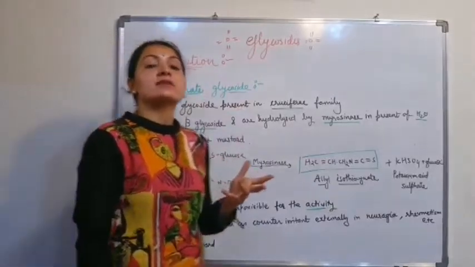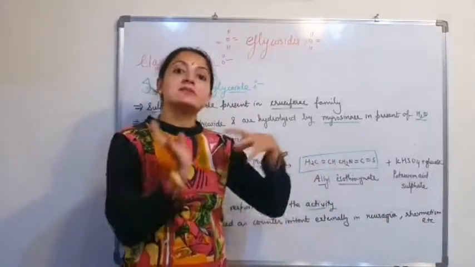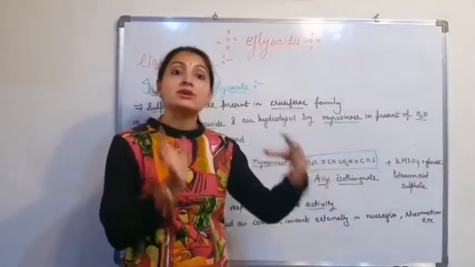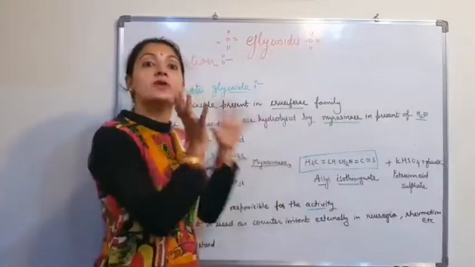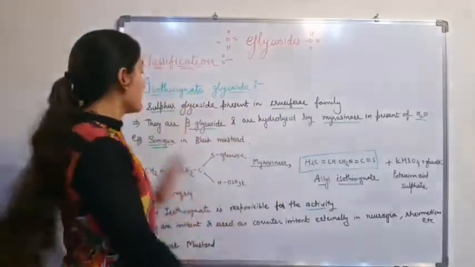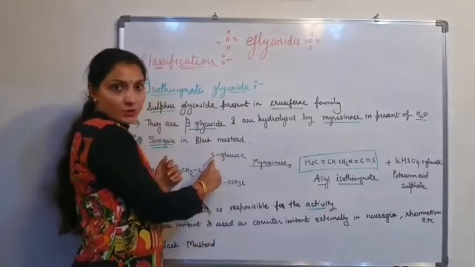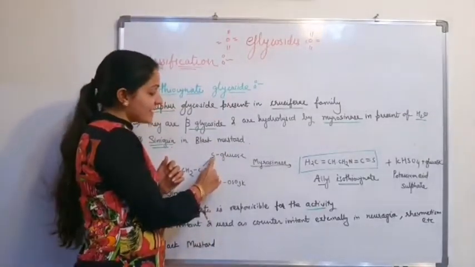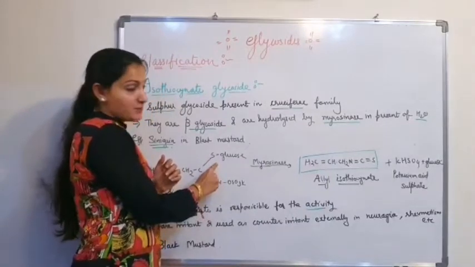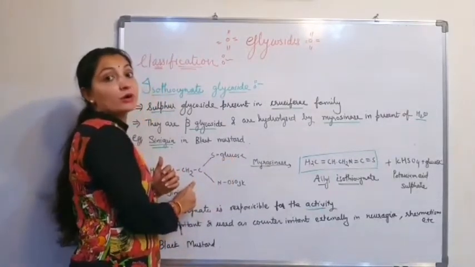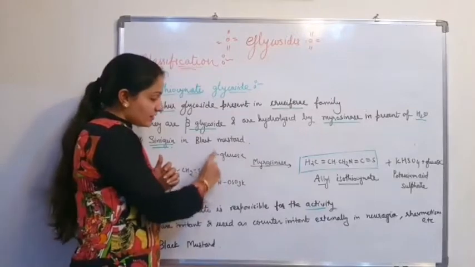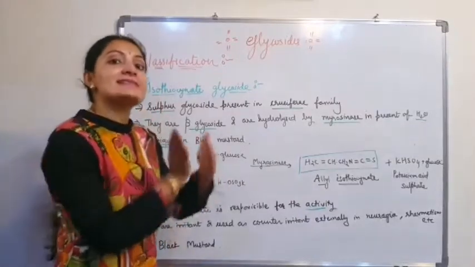This isothiocyanate glycoside is also known as a sulfur glycoside because its structure contains sulfur. This is the only glycoside which contains sulfur, and the sulfur forms the glycosidic linkage between the glucose and the aglycone part. So this is the best example of S linkage.